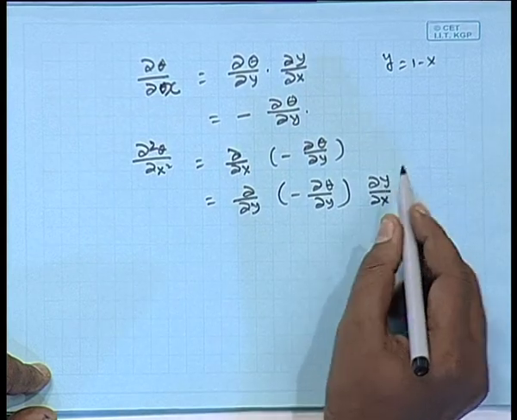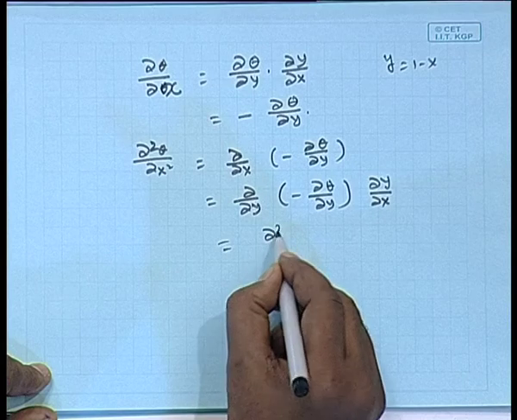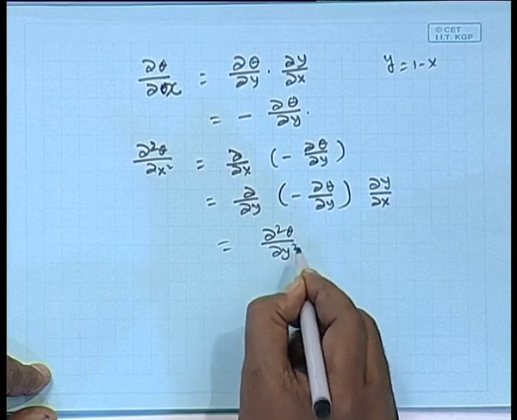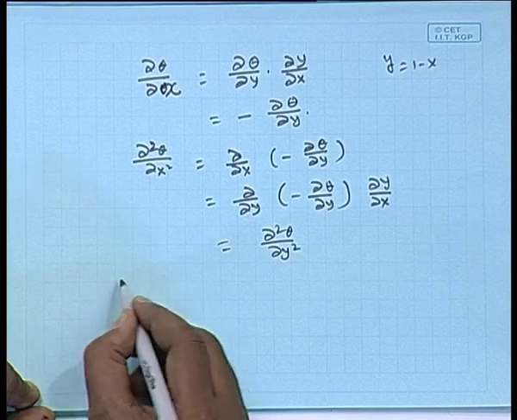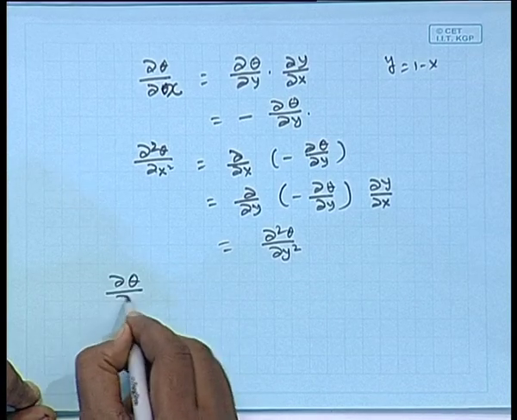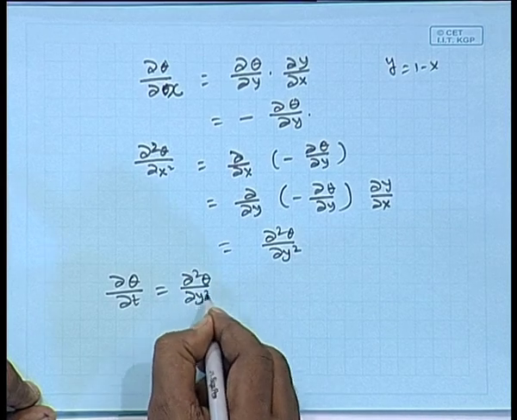Del y del x is minus 1, and this minus 1 is already there, so it becomes del square theta del y square. So your governing equation remains unchanged: del theta del t is alpha del square theta del y square.